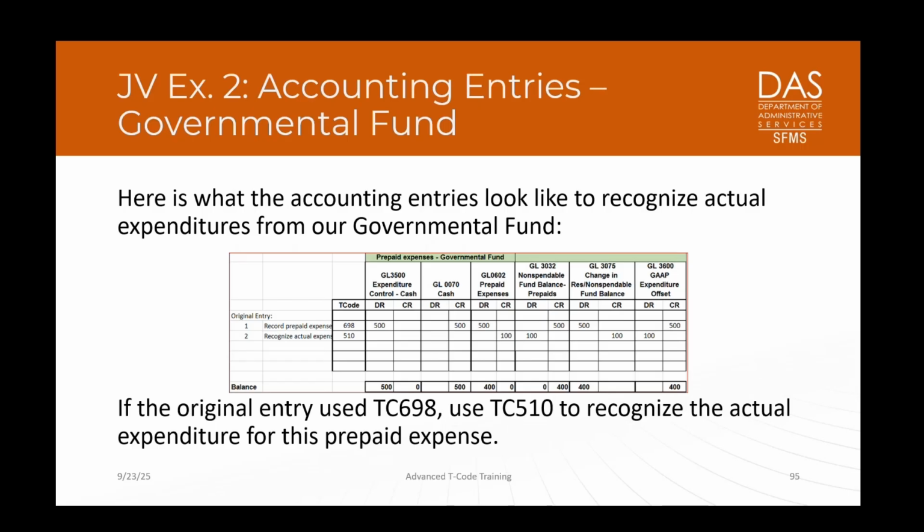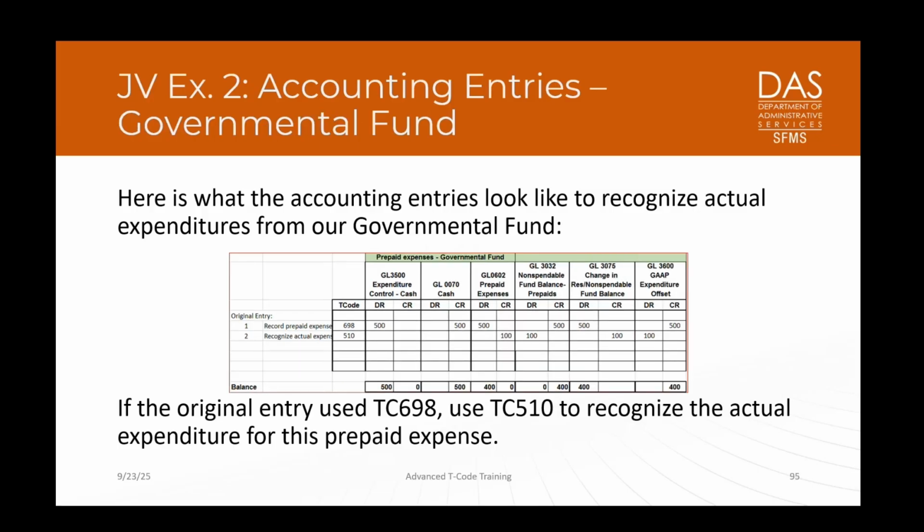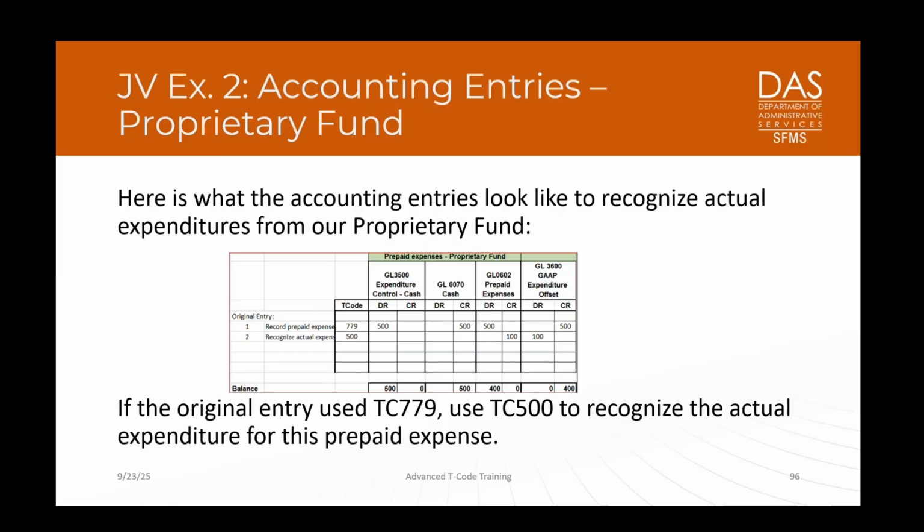And 510. Okay, it looks like these two slides are not in the right order, so let's look at T code 500. T code 500 will be used when the expenditures are prepaid, or established with T code 779.